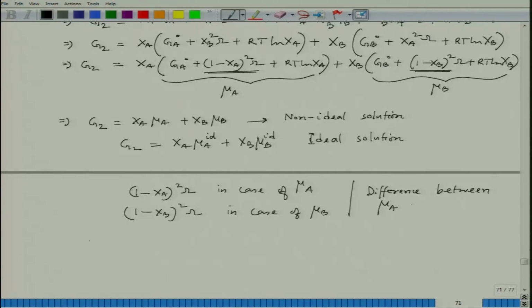Mu A and mu B with mu A ideal and mu B ideal.